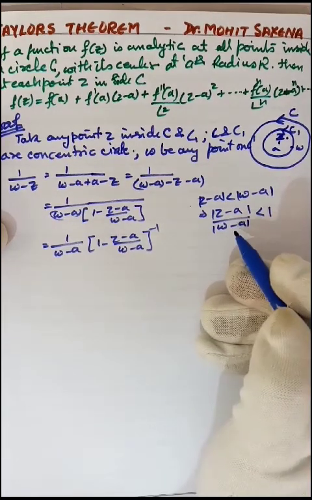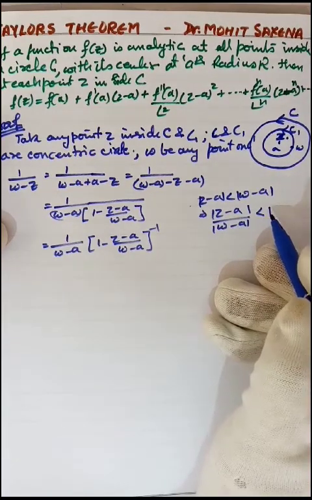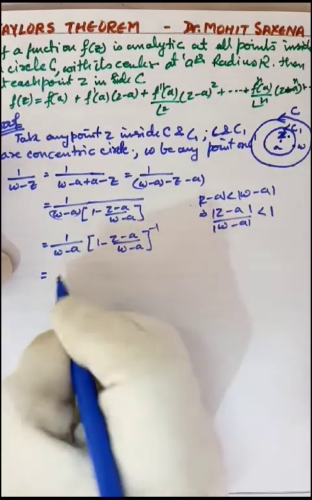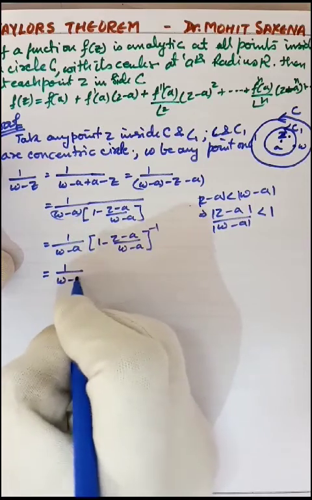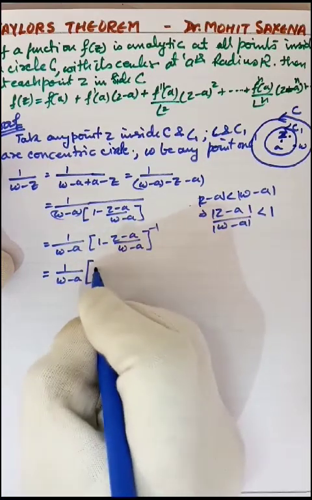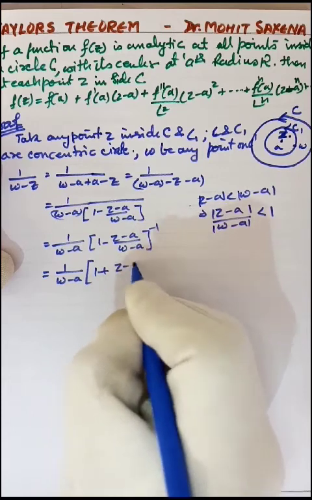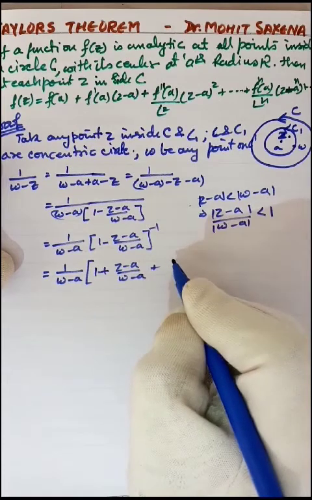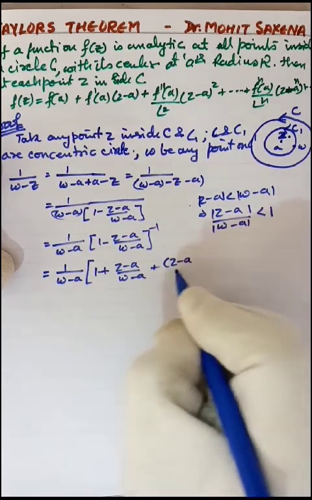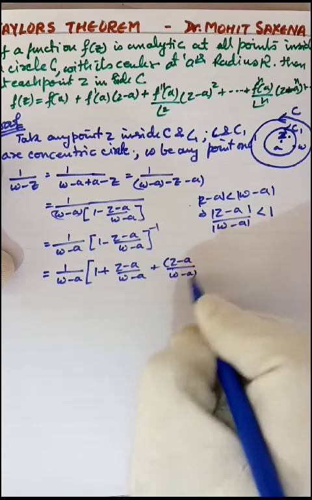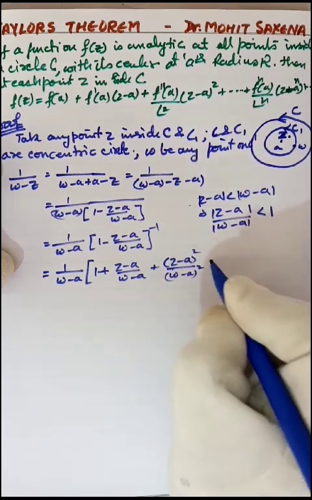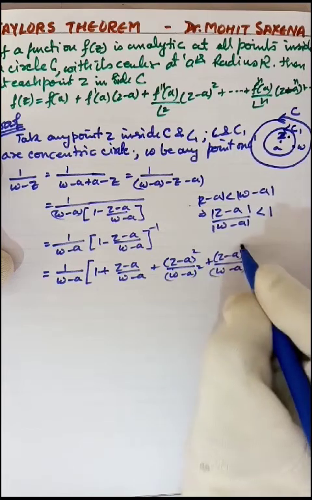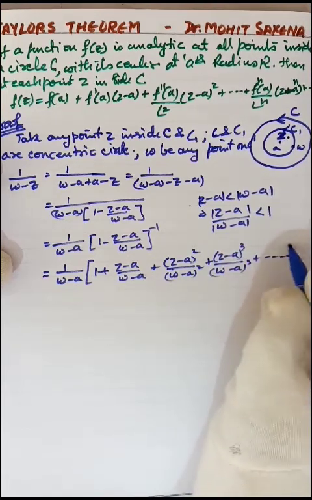As (Z minus A) upon (W minus A) is less than 1, we can make a binomial expansion of the above, and it would be 1 upon (W minus A) within bracket 1 plus (Z minus A) upon (W minus A) plus ((Z minus A) upon (W minus A)) whole square plus ((Z minus A) upon (W minus A)) whole cube plus dot dot dot.